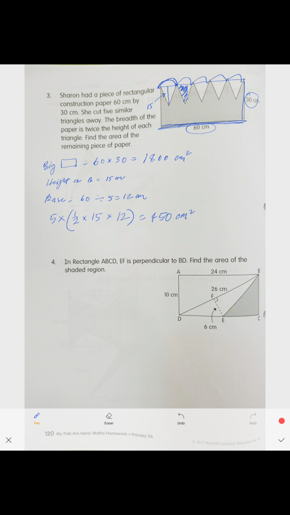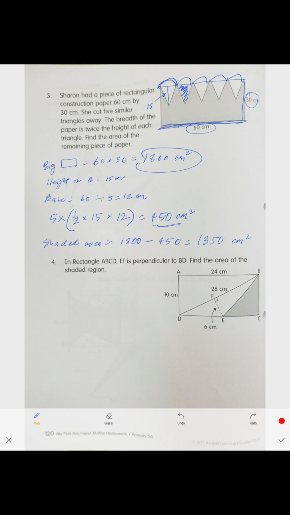Those are our 5 unshaded triangles. Now the area of the remaining paper, so shaded area is equal to total rectangle 1,800 minus 450, our 5 triangles, 1,350 square centimeters. That's your answer.